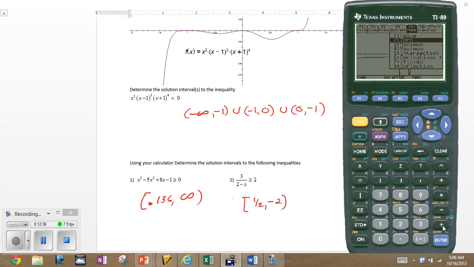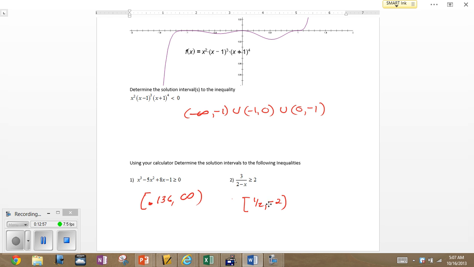Find the zero, left bound, enter. Scroll a little bit above the intercept, right bound. And that's a half, as you can see, all the way out to 2, and as I said, not that -2, so we will correct that. And that is the entire test reviewed for you.